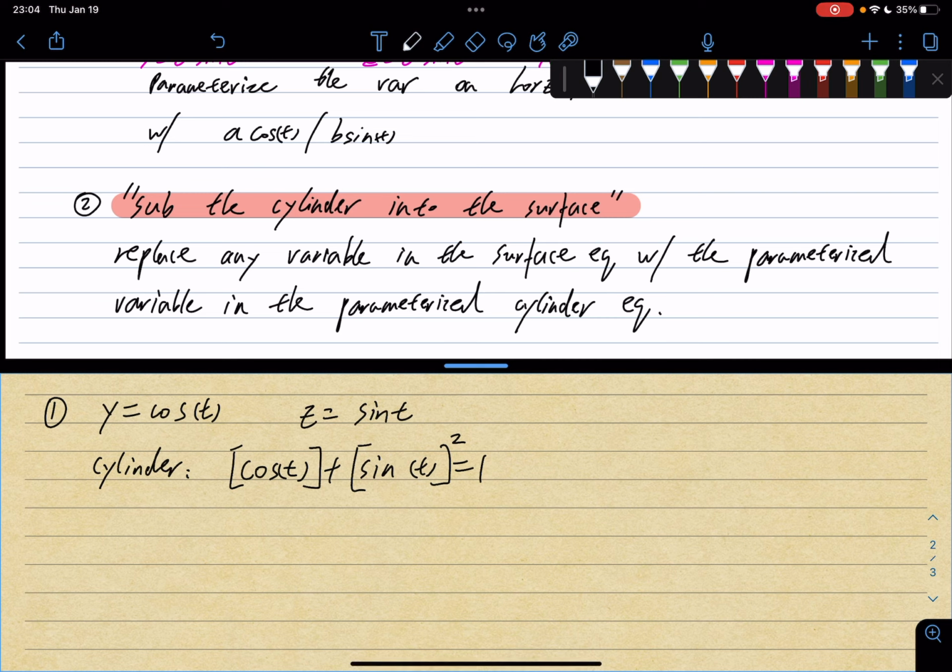So that's your y of t squared, and that's your z of t squared.